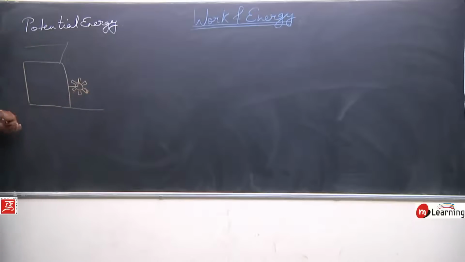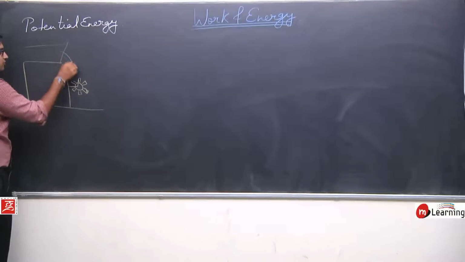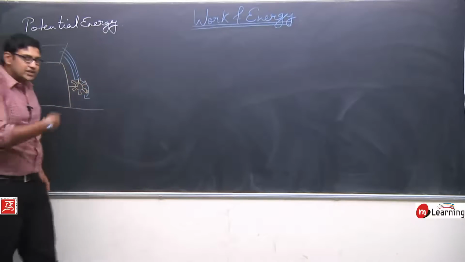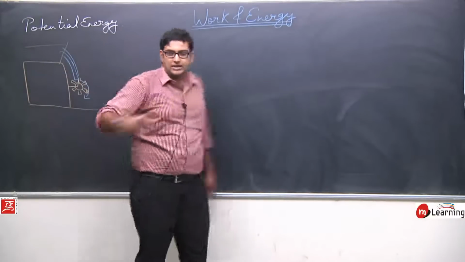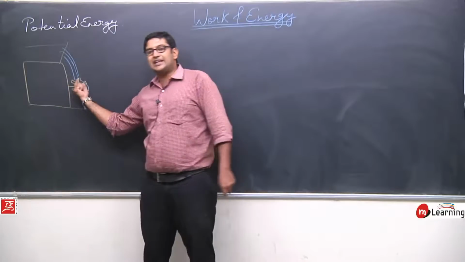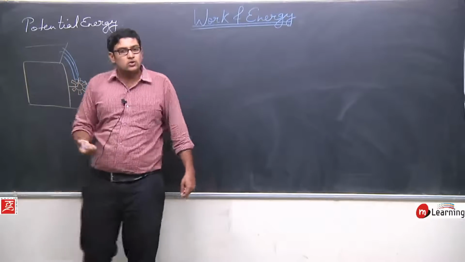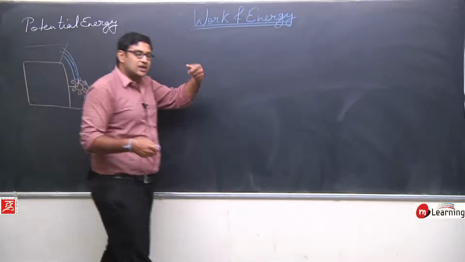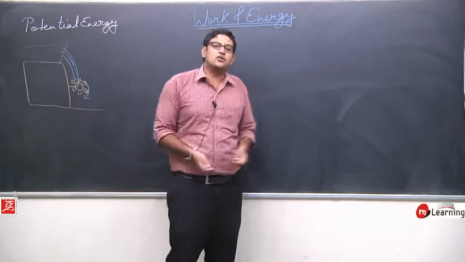If you throw the water from the top, it will fall on the turbine and force it to rotate at its position. So it will start rotating like this. When you rotate this turbine, it is connected to a generator and it will create electricity, and that's a different concept.